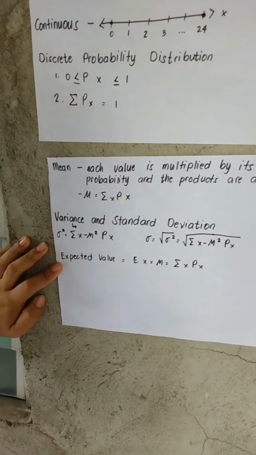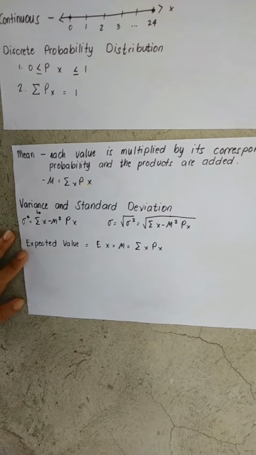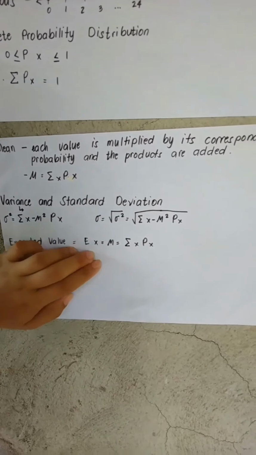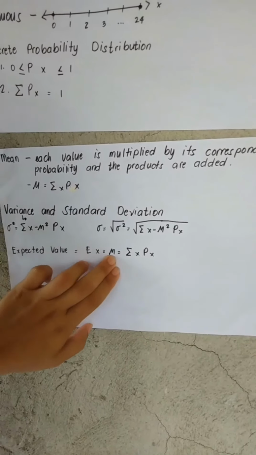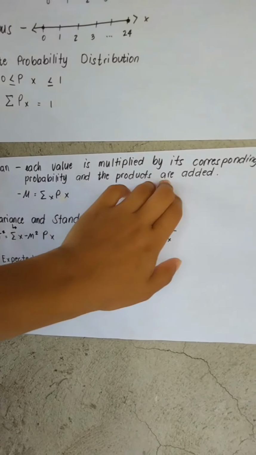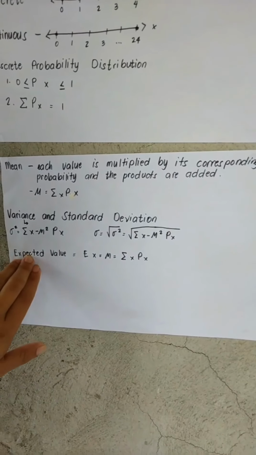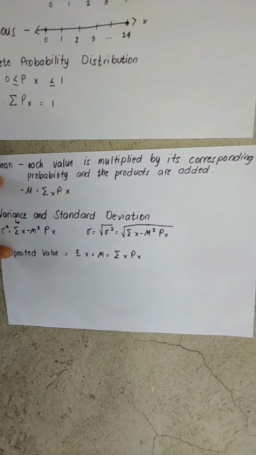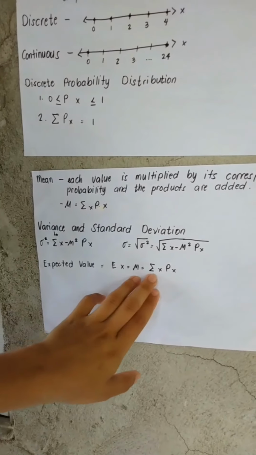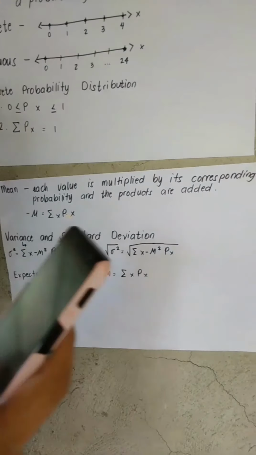Then the expected value is equal to the mean of the random variable, which can be written as E of x is equal to the mean, where each value is multiplied by its corresponding probability and the products are added. This expected value is still equal to the mean, and it can be written as the mean is equal to the summation of x times p of x. So that would be all.